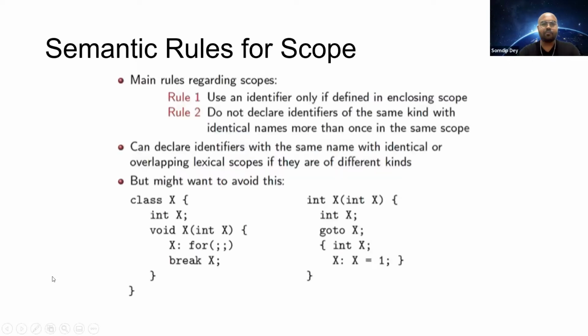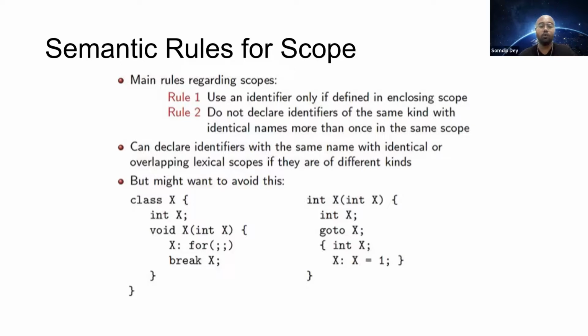So let's look into the semantic rules for scope. The main rules that you need to keep in mind regarding scope: rule number 1 is use an identifier only if defined in the enclosing scope.